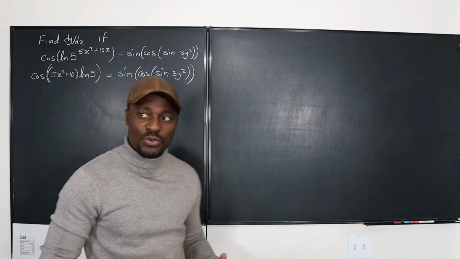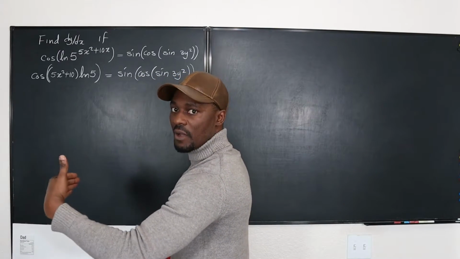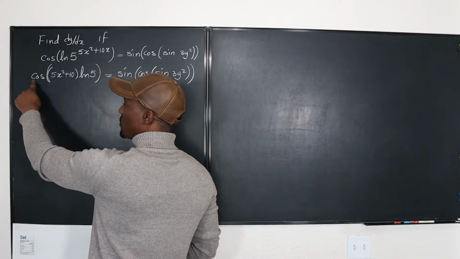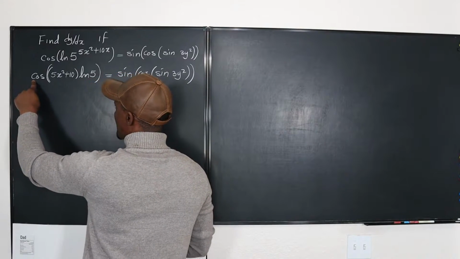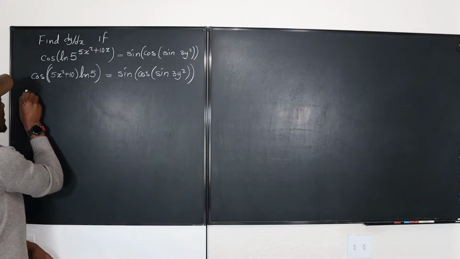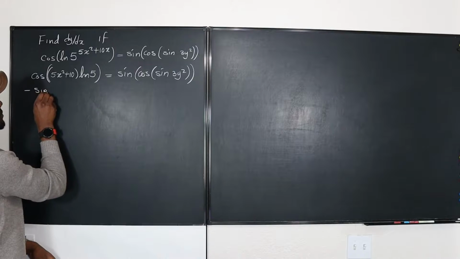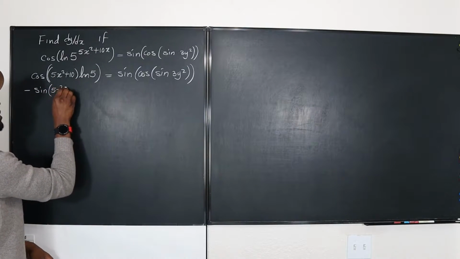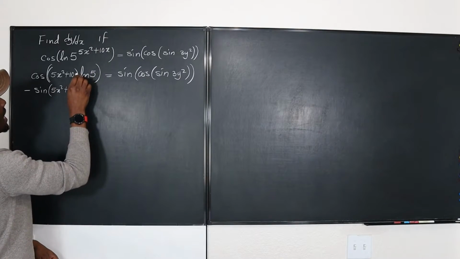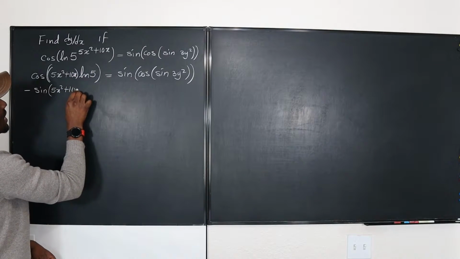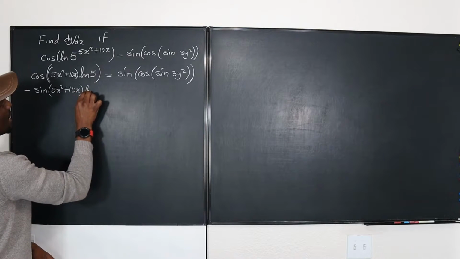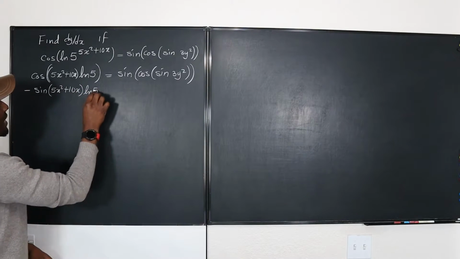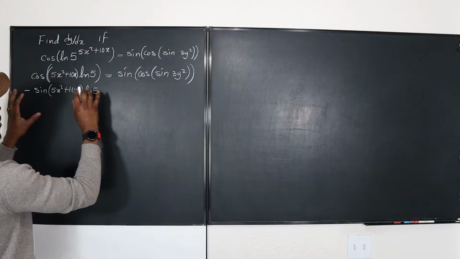So how do you take derivatives? Firstly, let's start from the outside. The derivative of cosine is negative sine. So my first answer here is going to be negative sine of this expression, which is 5x squared plus 10x ln of 5. So this is what I have on the outside.